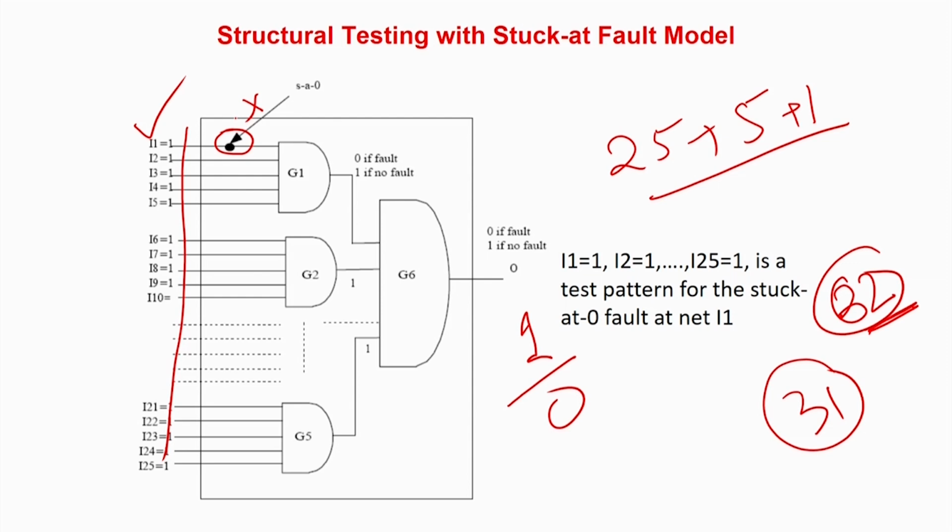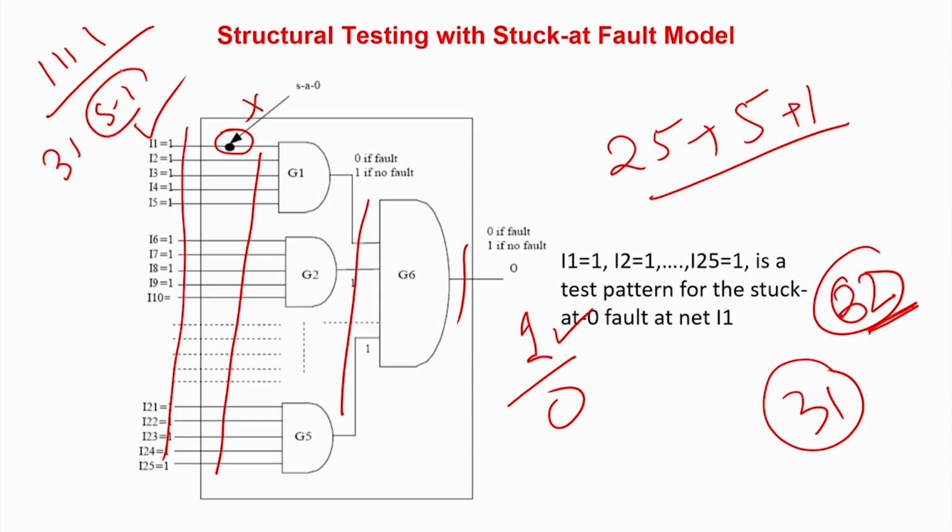Similarly, it is very easy to observe that all ones with the output also being 1 basically guarantees that none of these lines has a stuck-at 0. So the all-ones pattern basically verifies these 25 lines plus 5, 30 and 31 lines. The all-ones pattern verifies that none of the 31 lines has a stuck-at 0.